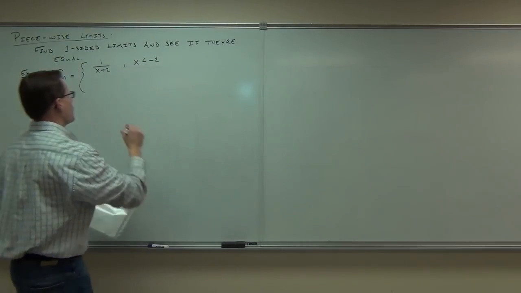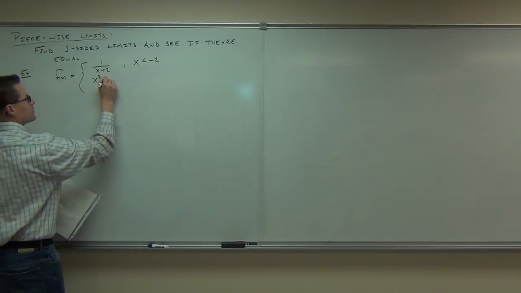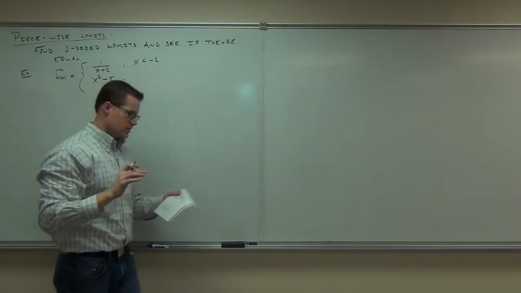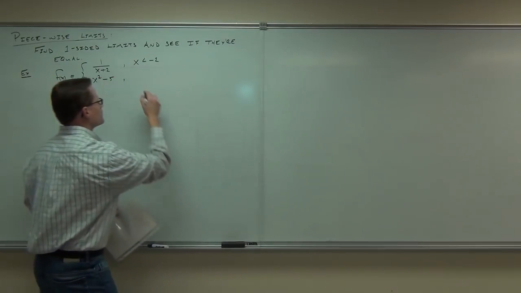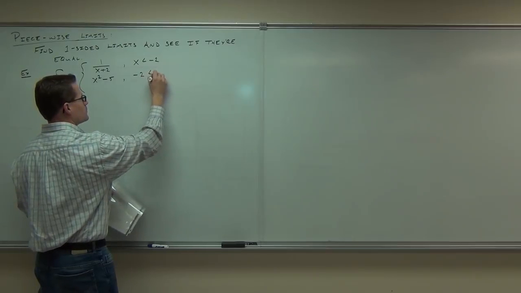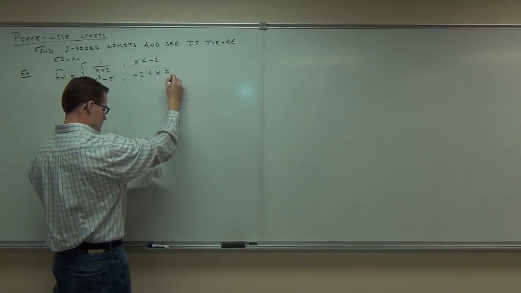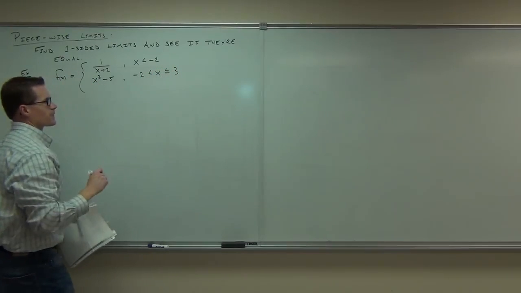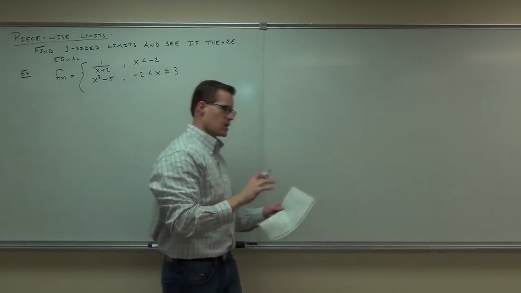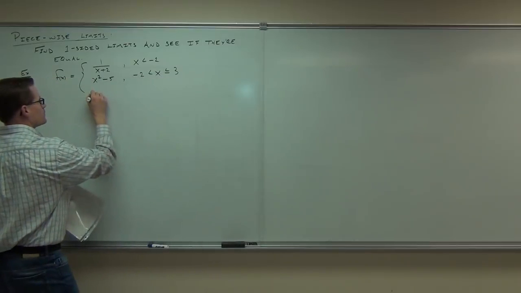You have x squared minus 5 if we're between negative 2 and positive 3. And lastly, our last little step, we're going to be the square root of x plus 13 if x is greater than 3.